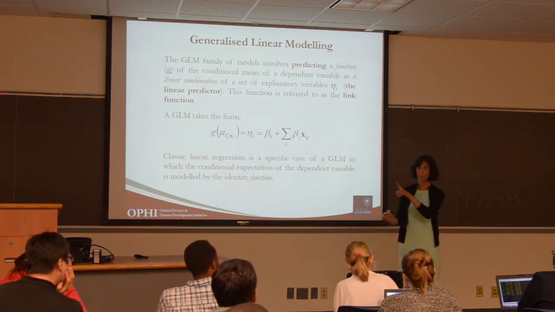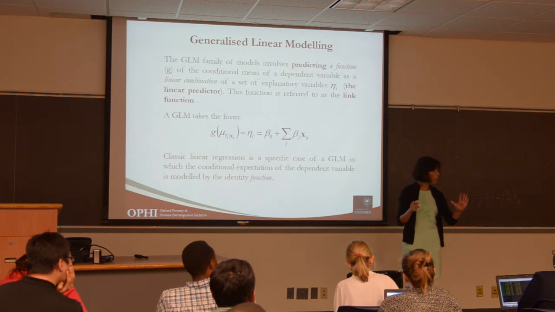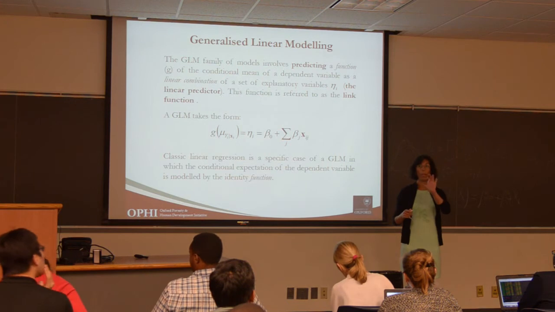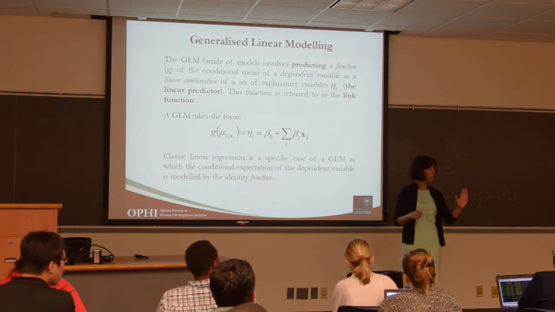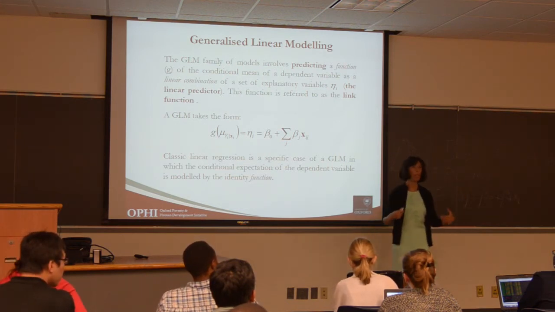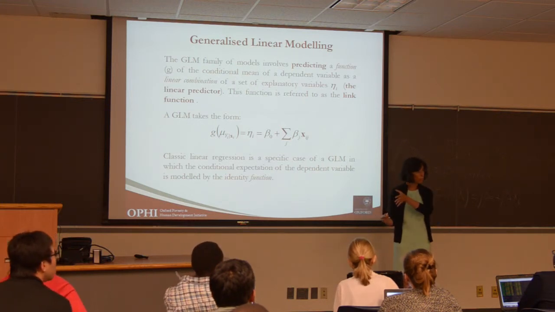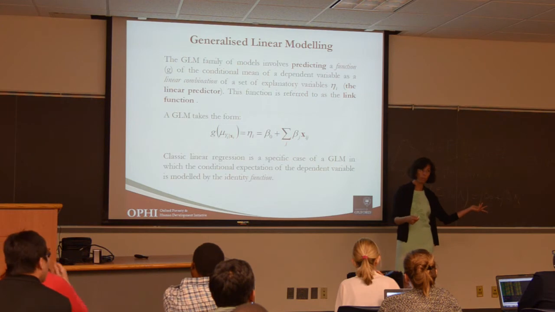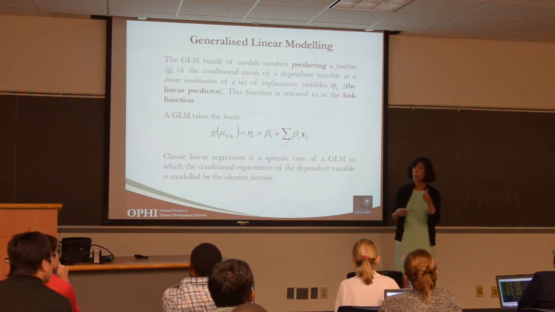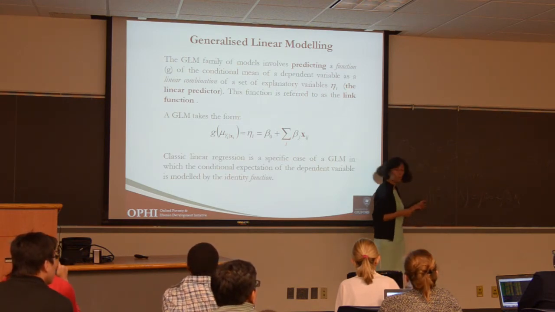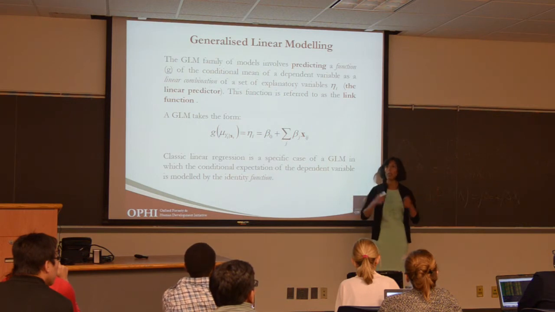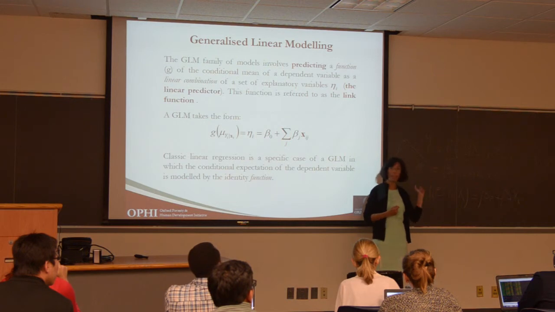Bernoulli simply says you have only two values, 0 or 1, and 1 happens with probability p. That's it. You repeat that many times, and then you get a proportion, because you are summing up the ones. And then you get the binomial distribution. So we know it has to be binomial. So this link function has to be related to the binomial distribution in the case of a 0-1 dependent variable.